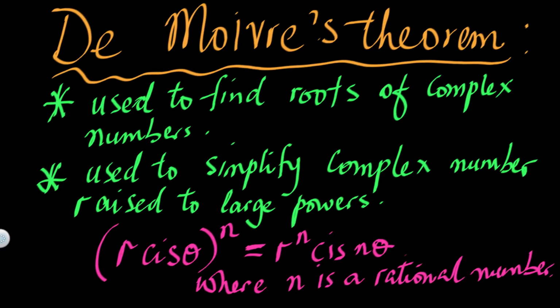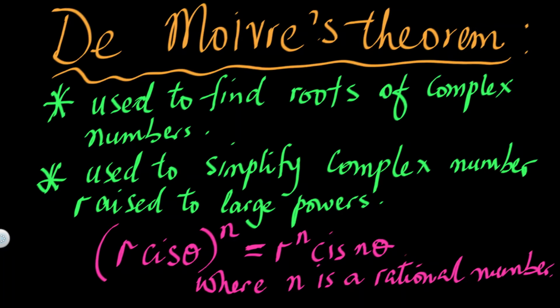In this video, I'm going to explain the application or the use of de Moivre's theorem in finding the roots of complex numbers and also in simplifying complex numbers that are raised to large powers.